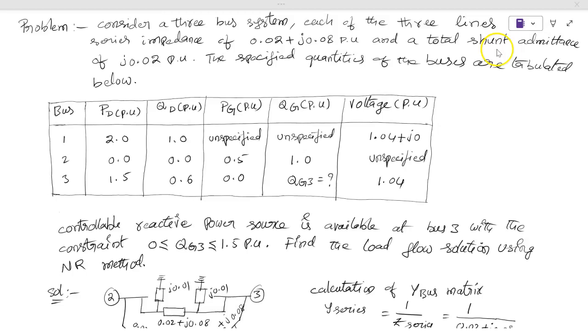Here the total shunt admittance and series impedance are given. It's not admittance here, impedance they have given, but shunt admittance also they have given.